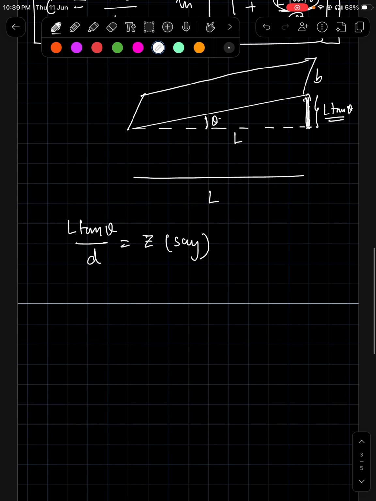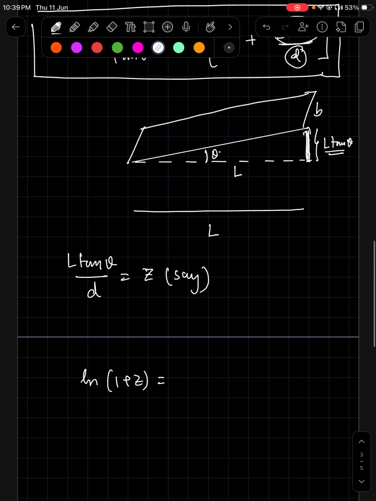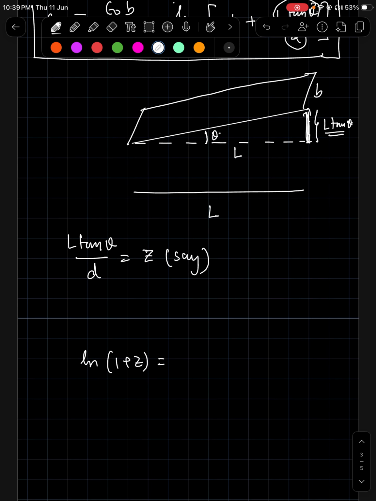Then ln(1 + Z) can be expanded in terms of a Taylor series, so it is like Z minus Z square by 2 and so on. The other terms are not taken into consideration, since L tan theta is less than d, so this fraction Z is less than 1. If I take higher powers of a quantity which is less than 1, it gets smaller and smaller.